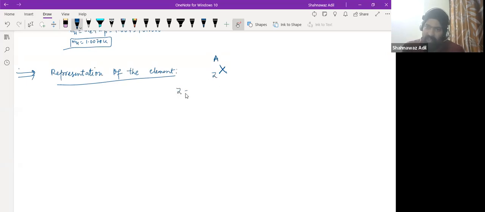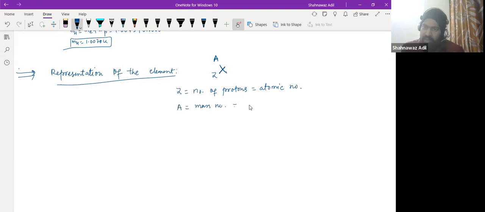So Z is the number of protons, and this is called the atomic number. Then we have this A, which is the mass number.